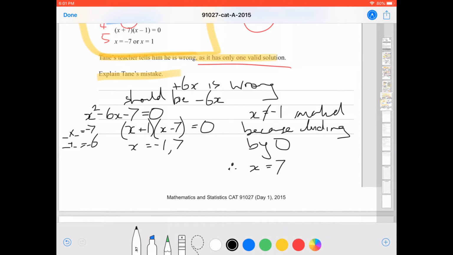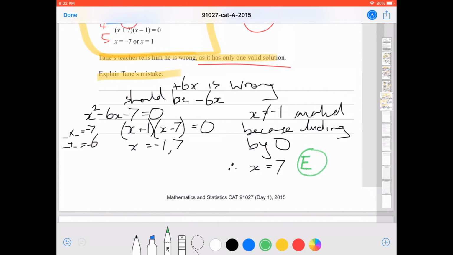Okay, so here you've got an excellence question, and you get your excellence from elimination of one solution as x equals negative 1 is invalid, and you've also given a justification. This would get you an excellence grade here.